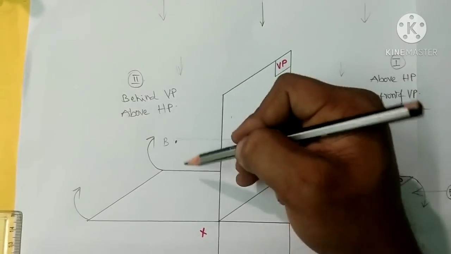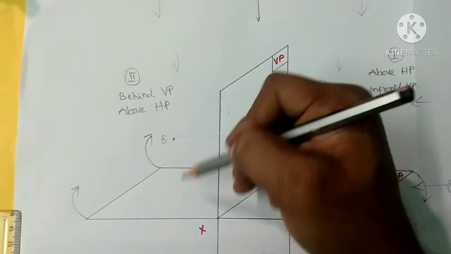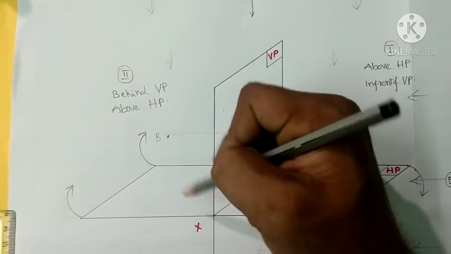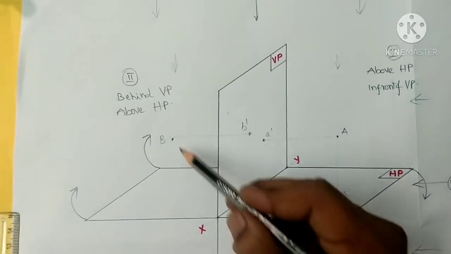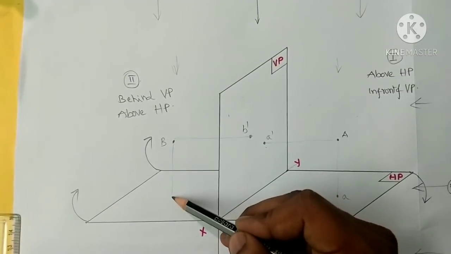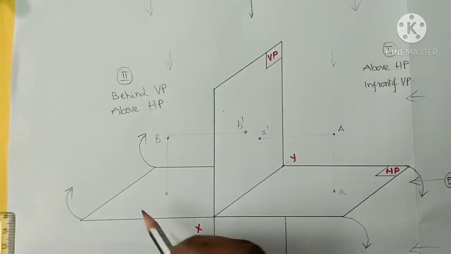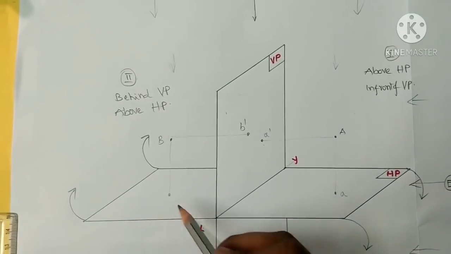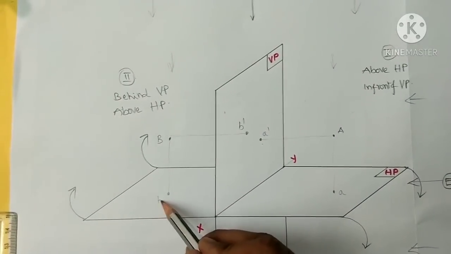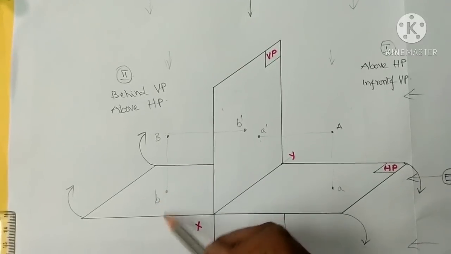So directly we are able to see this point, so no need to assume this horizontal plane as transparent. And one more thing, here this B is projected onto the horizontal plane. That means top view is always projected onto the horizontal plane only. So capital B becomes small b, because this is the top view.